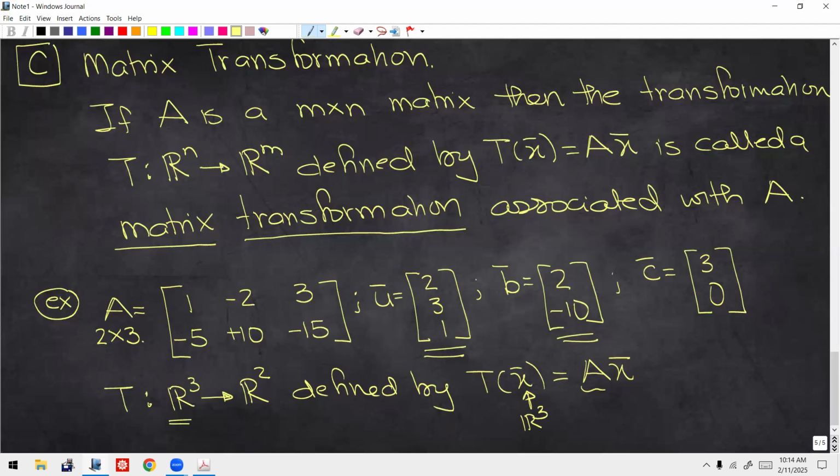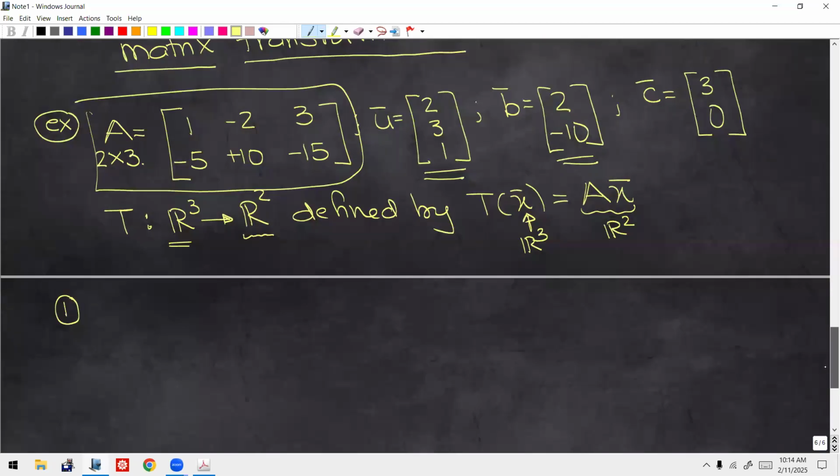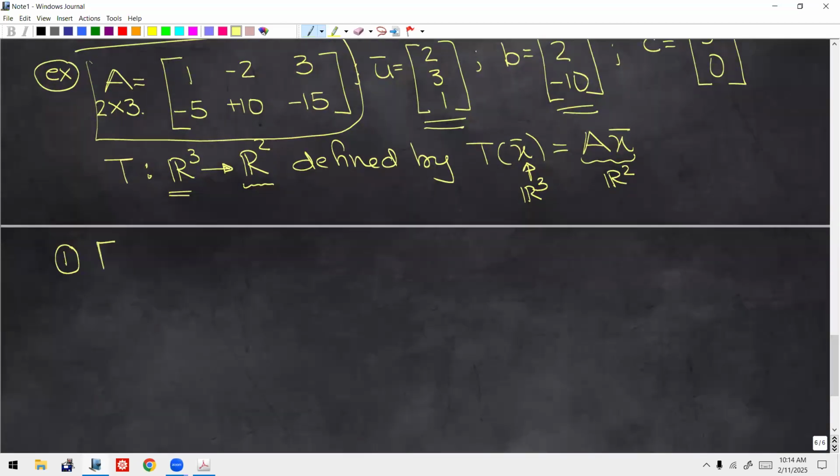When you multiply this, you're going to end up with a vector in R2. That's how we've defined it, where A is this matrix. So the first question they've asked us is to find the image of U under T.